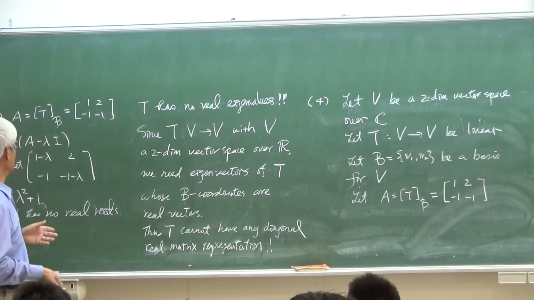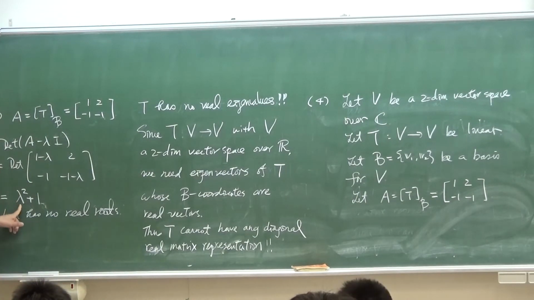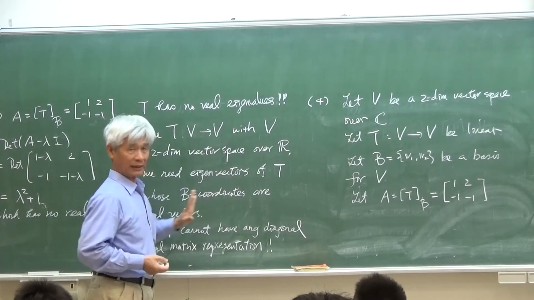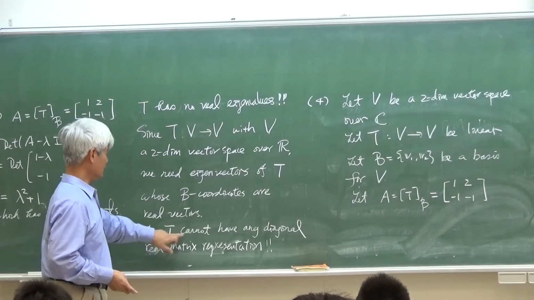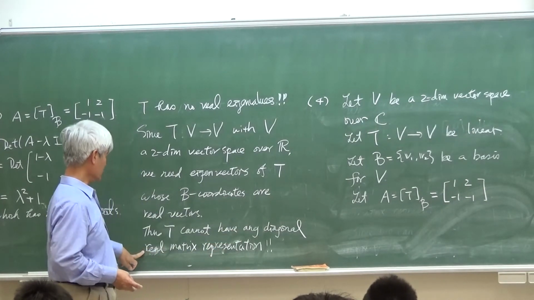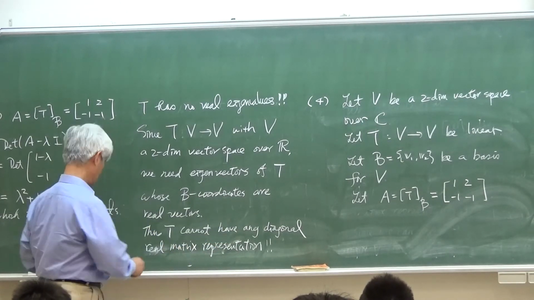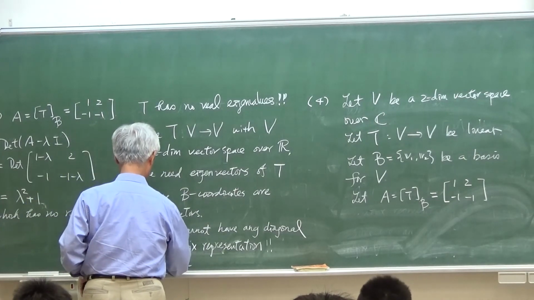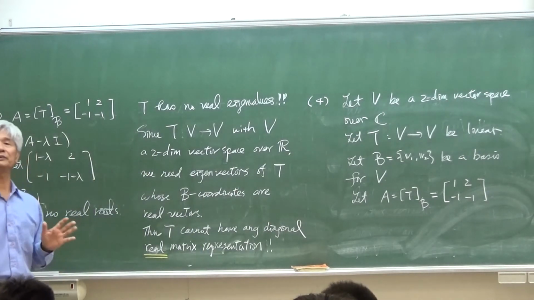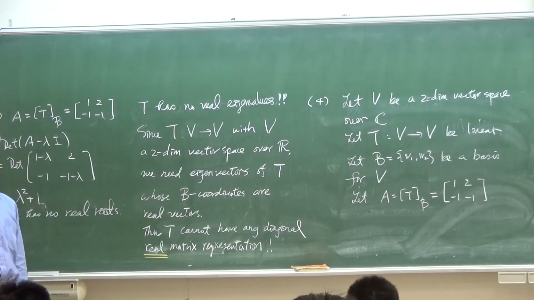So even though we know it has complex roots, we can't use them, because we are restricted to the real domain. So we get to a deadlock and we say that T cannot have any diagonal real matrix representation, because we are talking about real vector spaces.